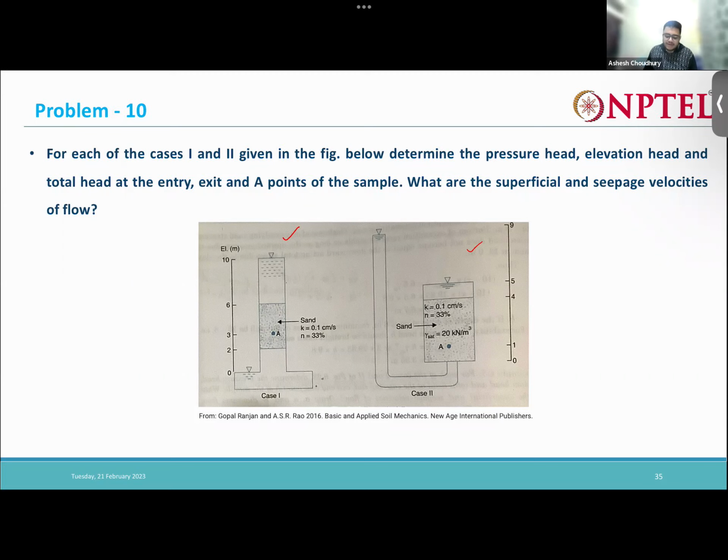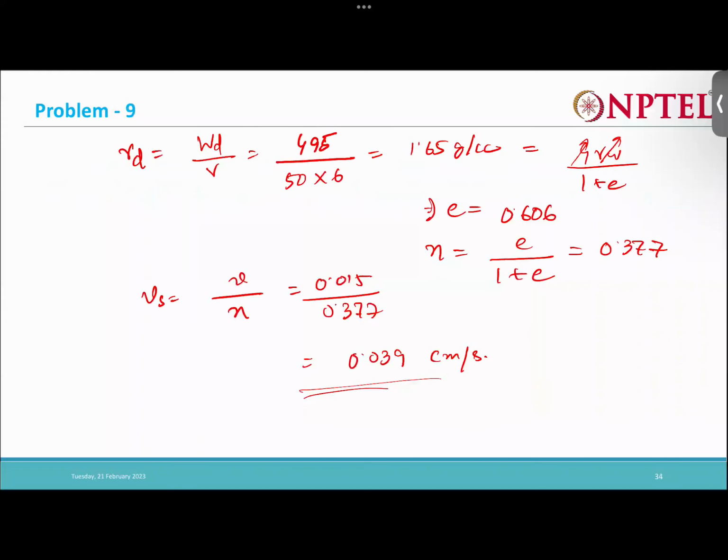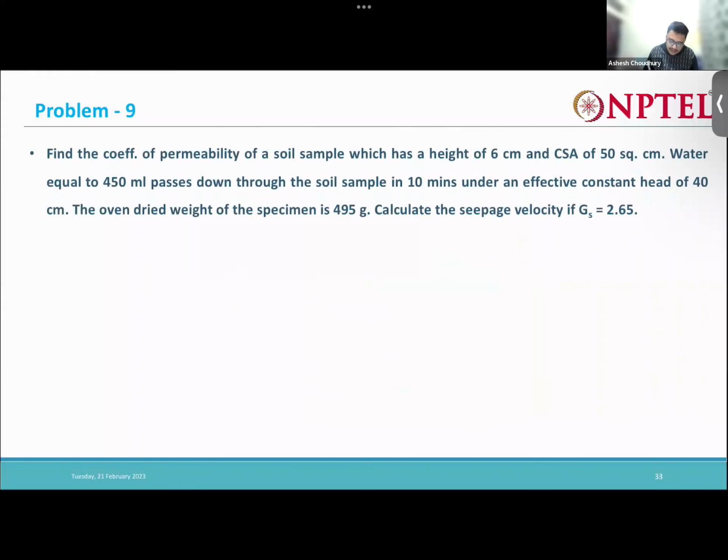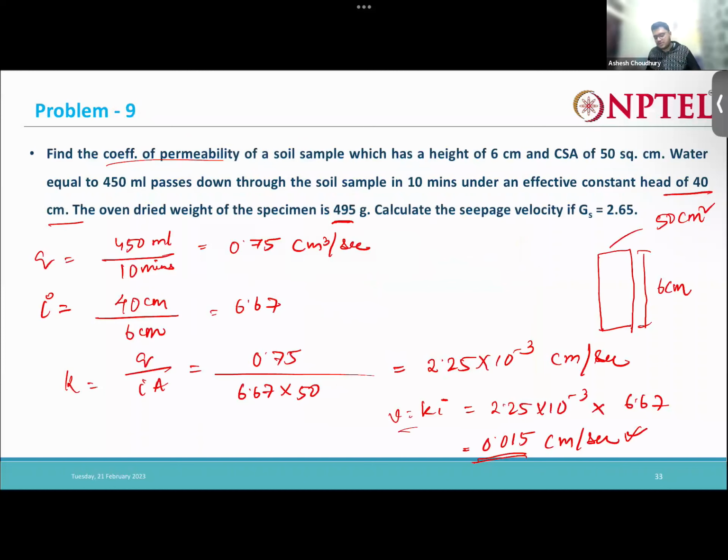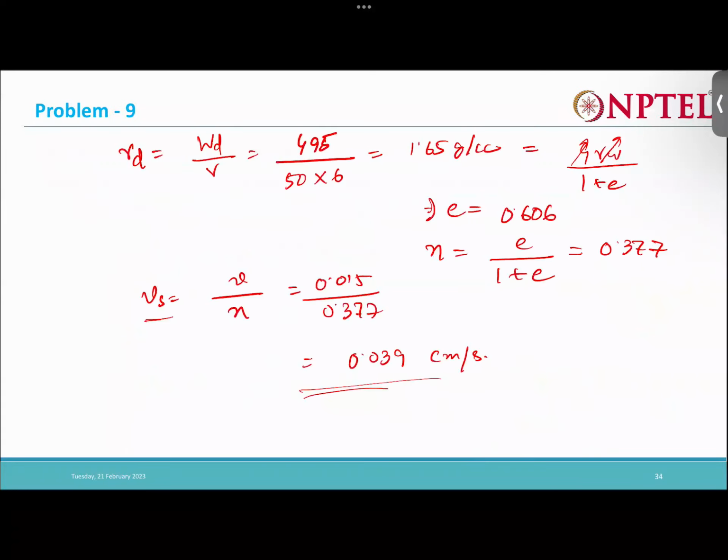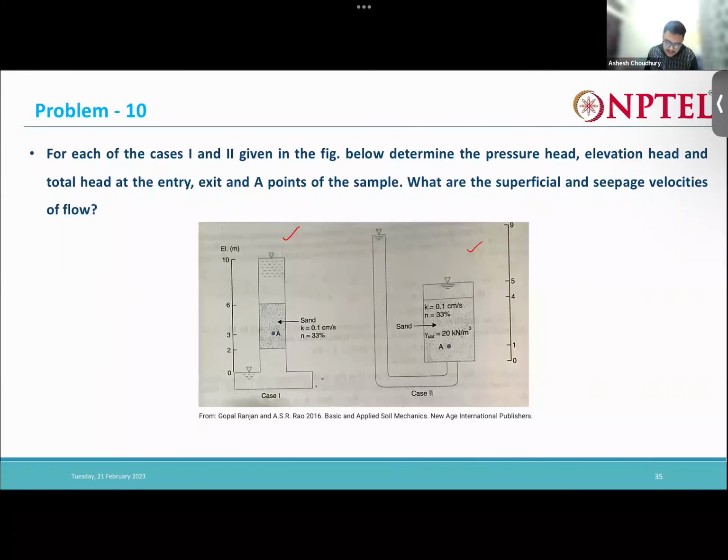Also, we have to find the superficial velocity and the seepage velocity. The seepage velocity is always greater than the superficial velocity.